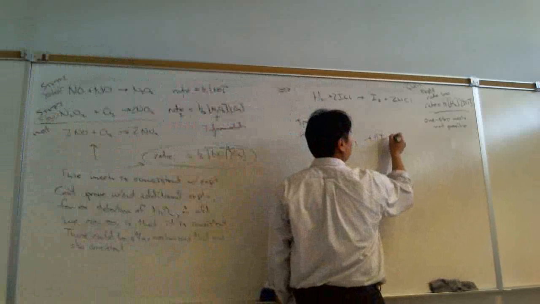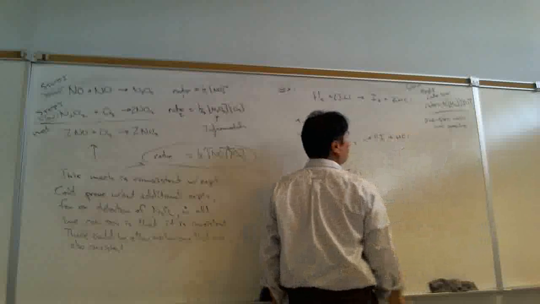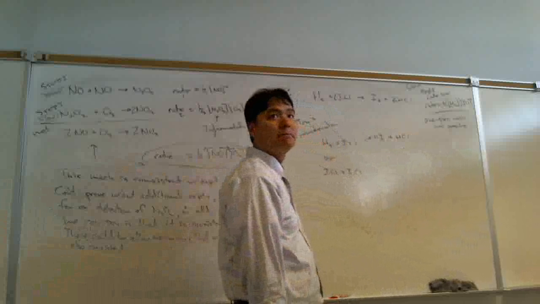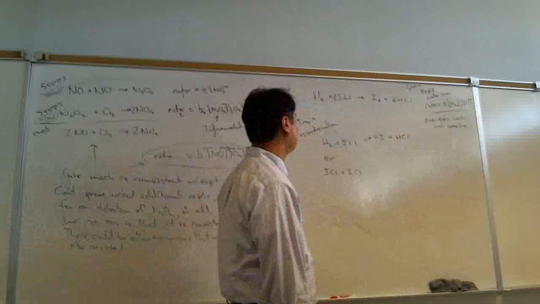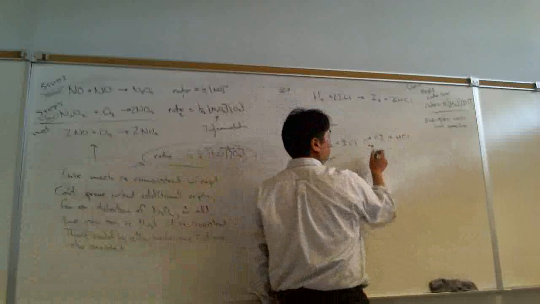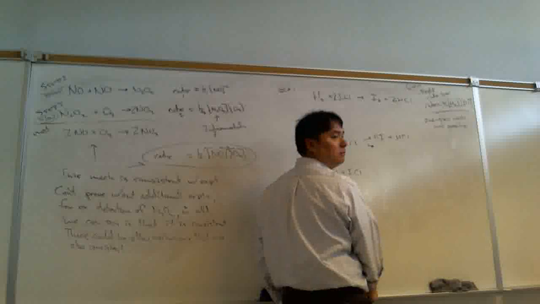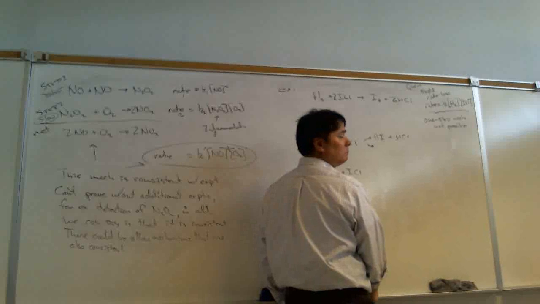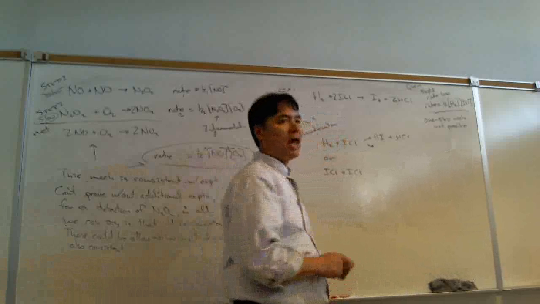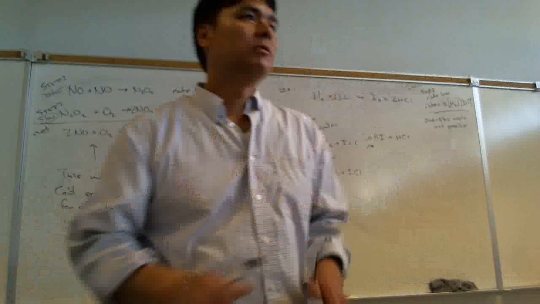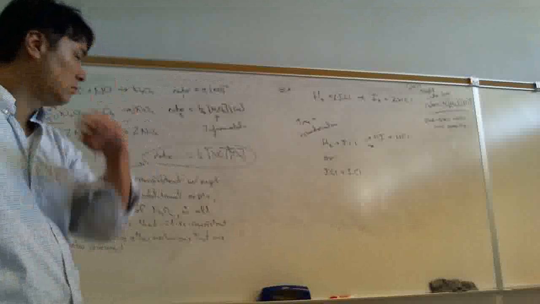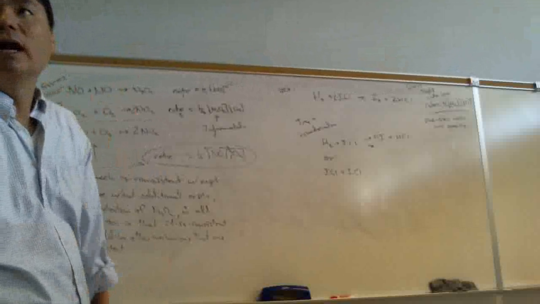Yeah, that sounds pretty good. Those are reasonable. HI and HCl. Is that reasonable though? Aren't they strong acids? They're strong acids, but this is not an acid-base reaction. What kind of reaction would this be? This would be a redox reaction.